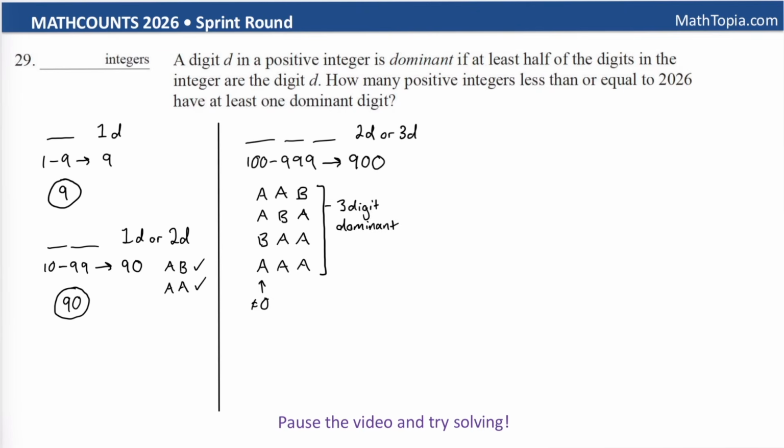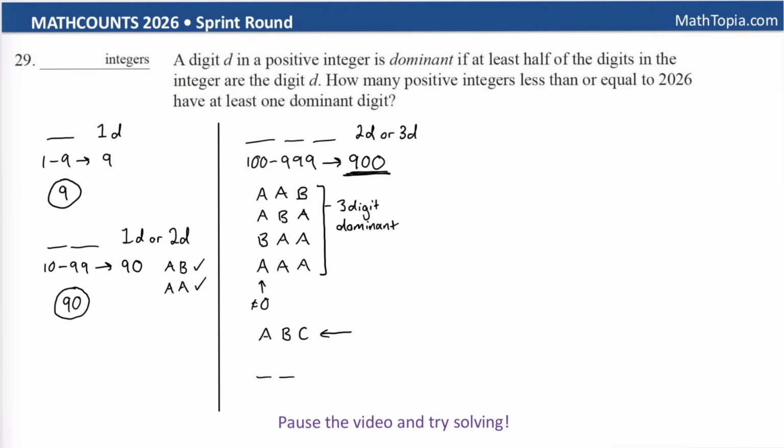So that would be in the form of A, B, and C, where A, B, and C are all different digits. And since we know that there is a total of 900 3-digit integers, we can take however many 3-digit integers with all different digits there are and subtract that from our total of 900 to find the amount of 3-digit dominant integers.